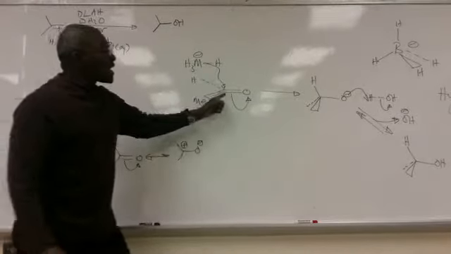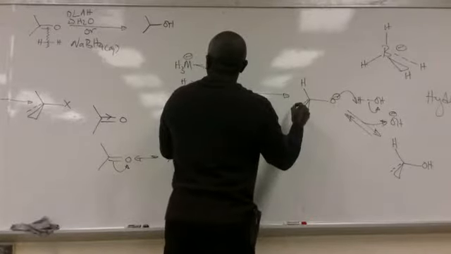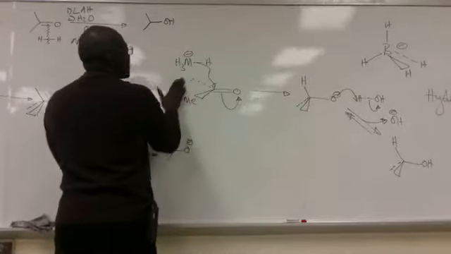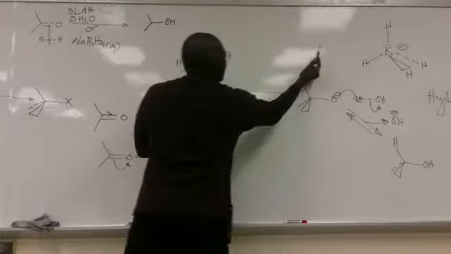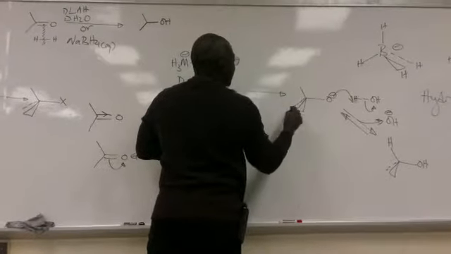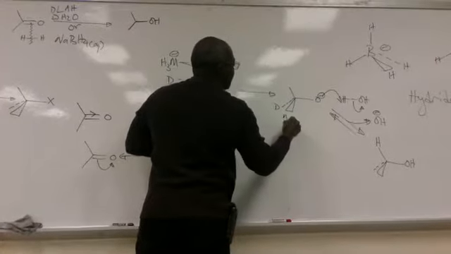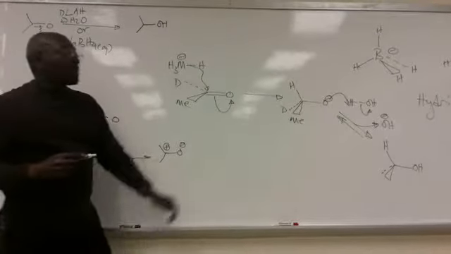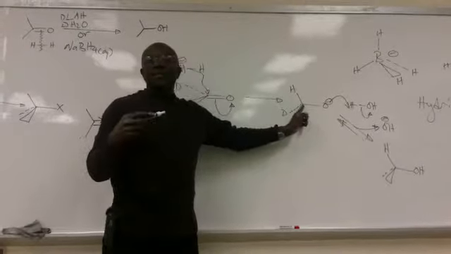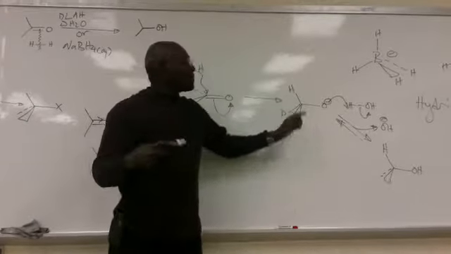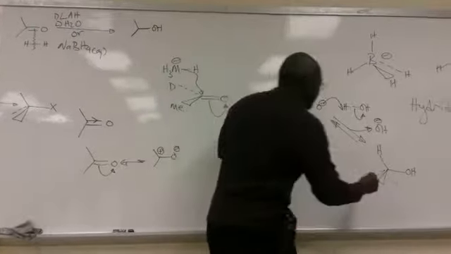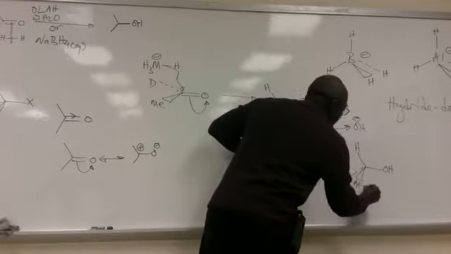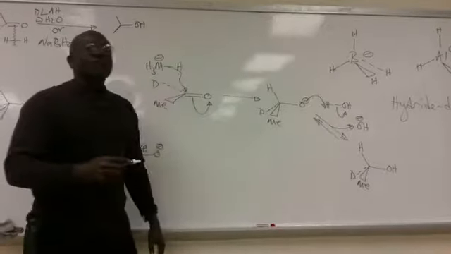When the hydride attacks, it gives rise, okay, so let's make this D. So when the hydride attacks, what I'll have is that species. This is now a stereocenter. It remains a stereocenter when the O gets protonated.